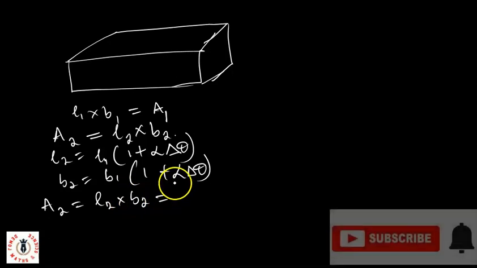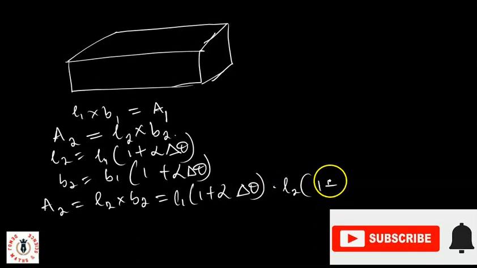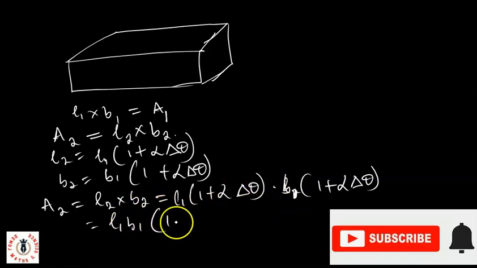That will be the same thing as L1 into 1 plus alpha delta theta, times B1 into 1 plus alpha delta theta. So that is L1 B1 into 1 plus alpha delta theta all squared.